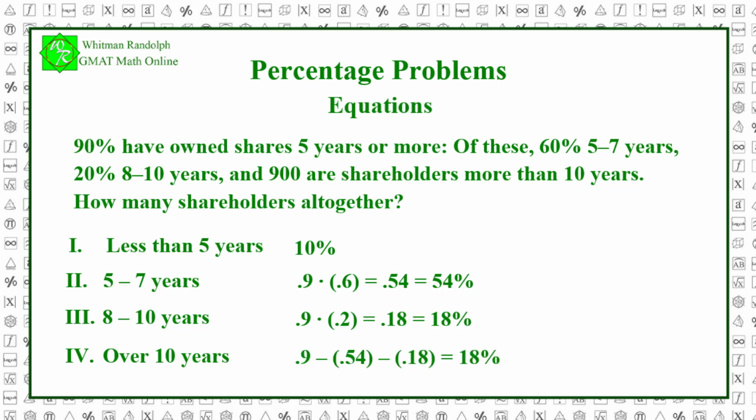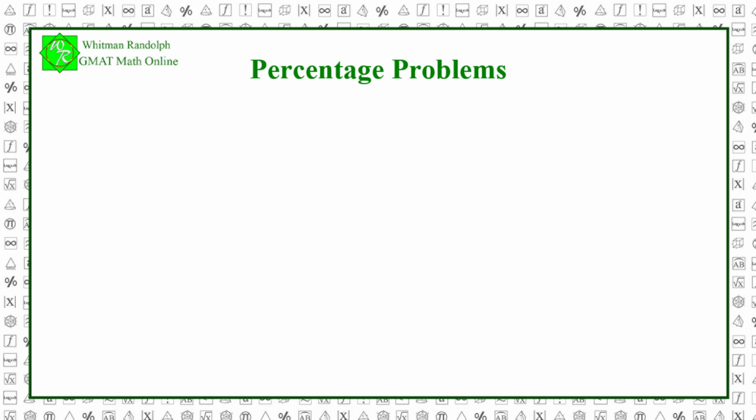Category 4 constitutes 0.9 minus 0.54 minus 0.18, and that equals 18% of shareholders. And we know that Category 4 has 900 shareholders. So, 0.18x equals 900. Therefore, x equals 900 divided by 0.18, which equals 5,000.